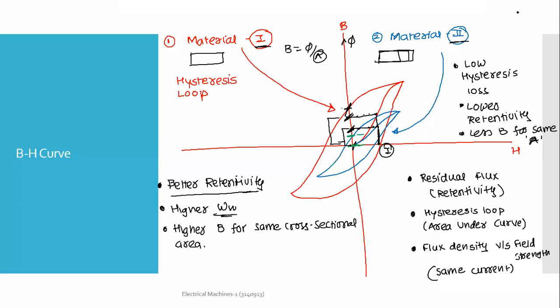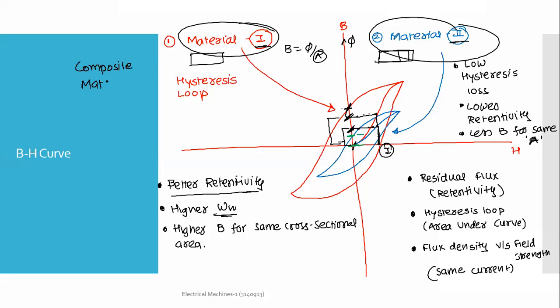So what do we generally do? Okay, I think time is over. So we can combine these two materials and prepare a composite material which has better retentivity, lower hysteresis loss, and better flux density. More on this we'll discuss in the next class.